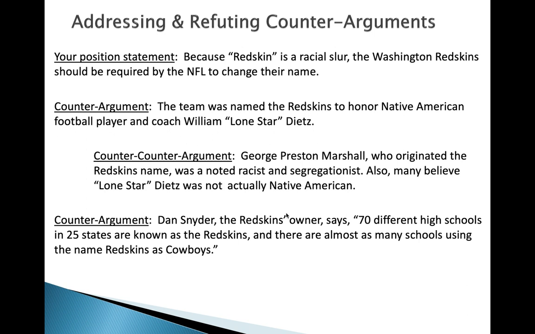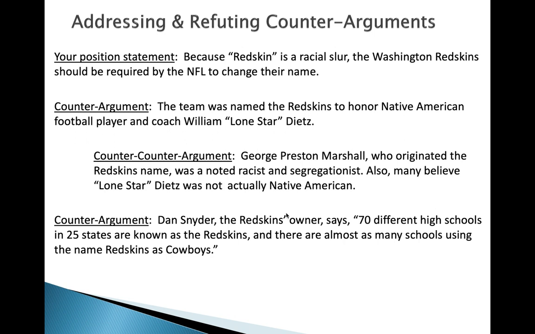So sometimes you can refute counter arguments with your research. Sometimes you can refute counter arguments with better logic. The important thing is that you're bringing it up and then you're shutting it down, and you're using signal phrases to readers so that they can follow you easily and don't get confused as to why you're suddenly bringing up something that doesn't agree with your argument.